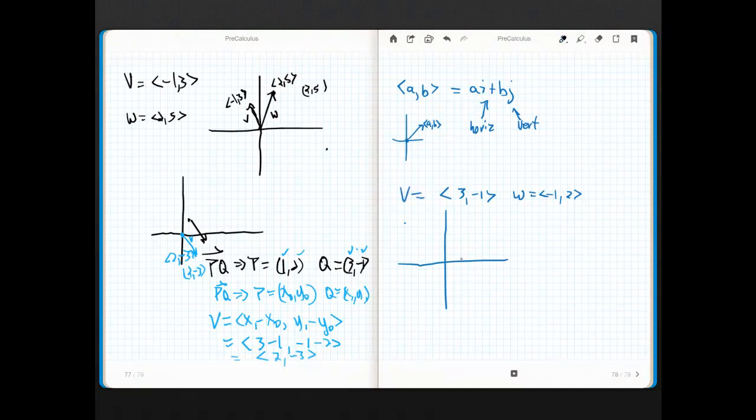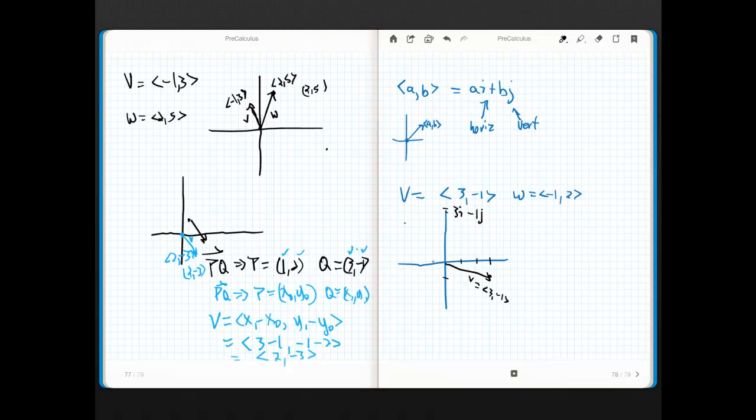If I go over, I'm going to make these kind of big. 1, 2, 3, and down negative 1. Then that vector right there is going to be v, which is the same thing as 3 comma negative 1, or you may also be thinking that I can rewrite this as 3i minus 1j, right? They are identical, the same thing.